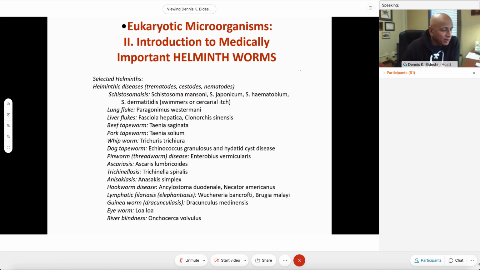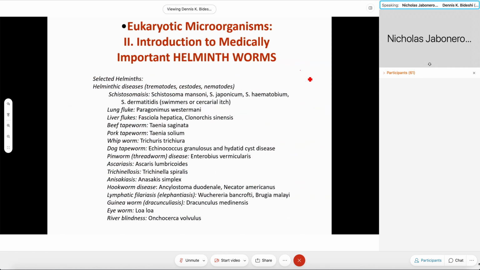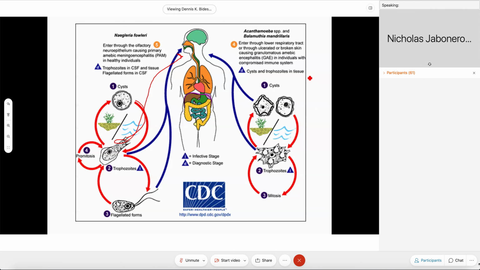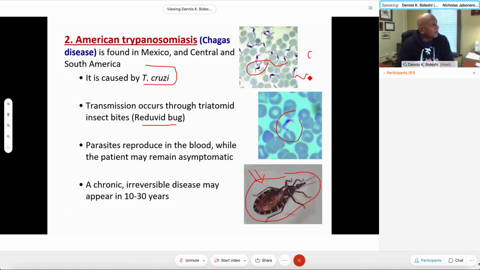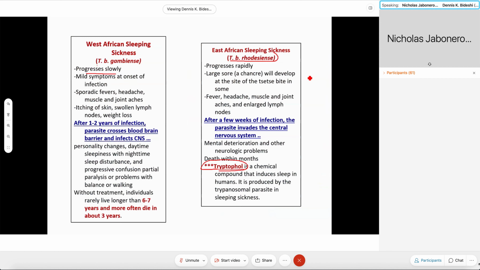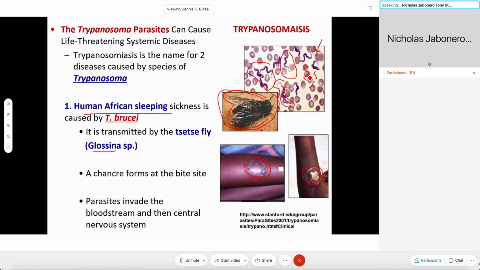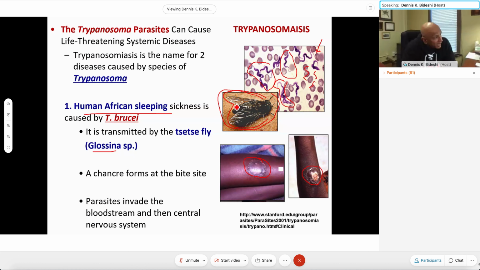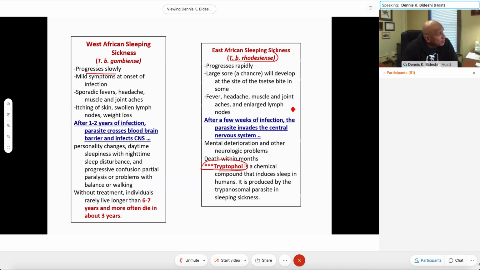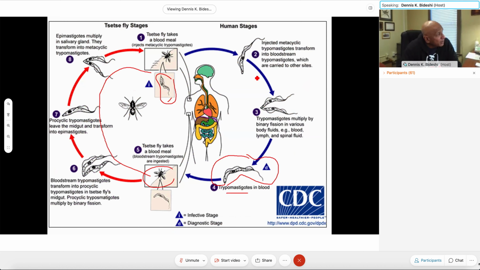Quick question. So yeah, go for it. Okay, so for what was it, African sleeping disease? What was the vector and the infective stage again? All right, so the vector is this animal back here. It's a little fly. It's called the tsetse fly or the Glossina. That's the scientific name for it. And the infective stage, if you go back to the slide back here, it's a metacyclic trypomastigote.